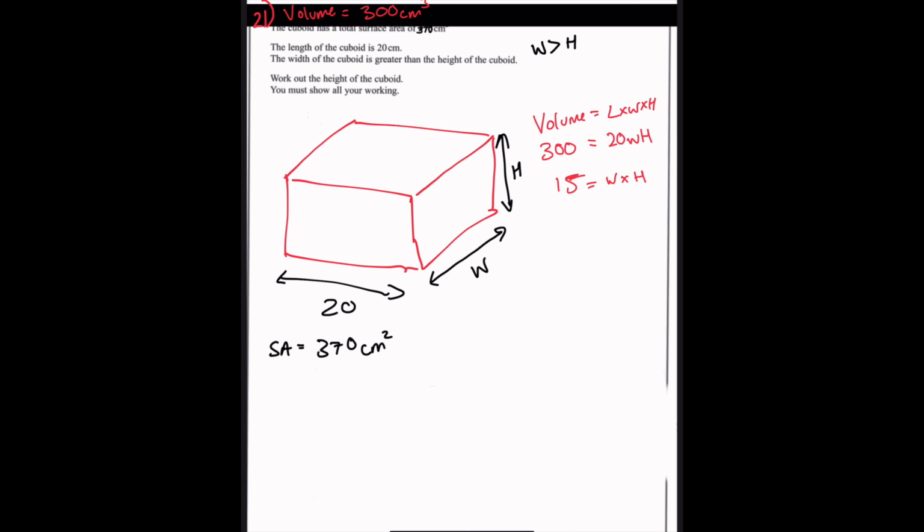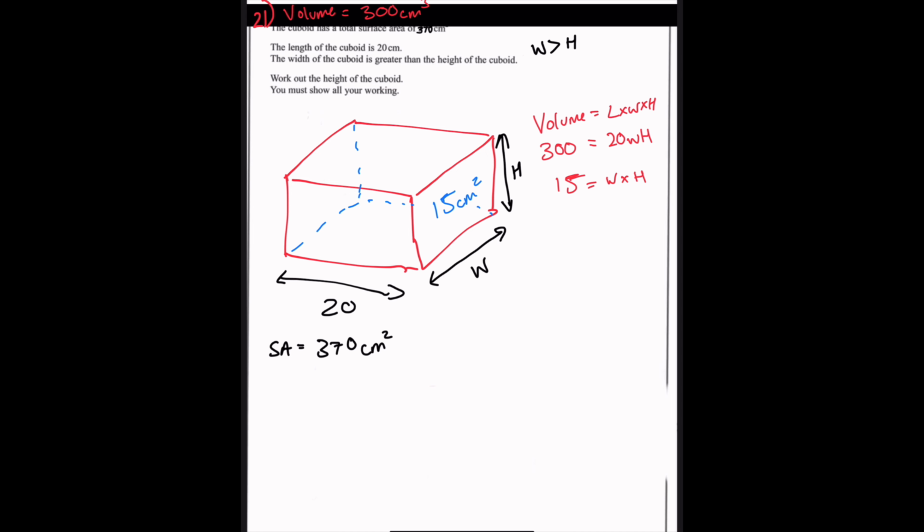Funny enough, that gives me this: 15 centimeters squared. And there's another one on the other side as well, that would be 15 centimeters squared. Good. So I found one part of the surface area now.